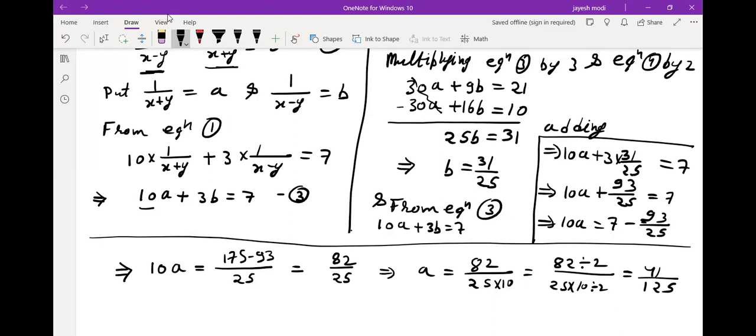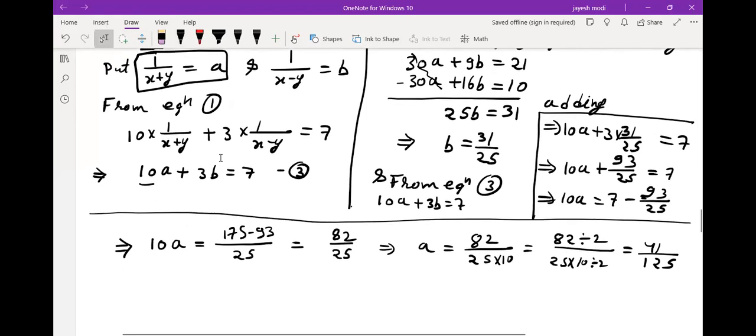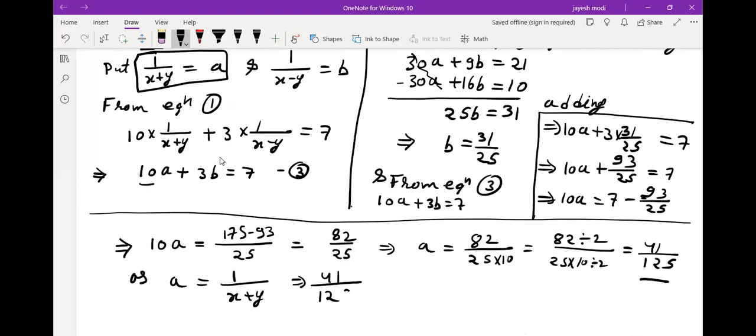Now as A equals 1 upon X plus Y, right? A equals 1 upon X plus Y. And according to us, it is 41 by 125.